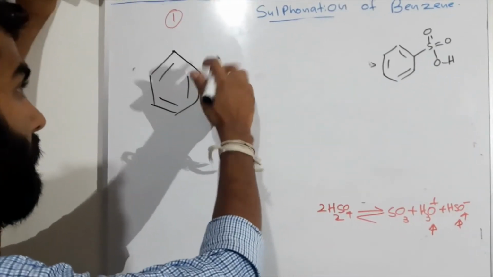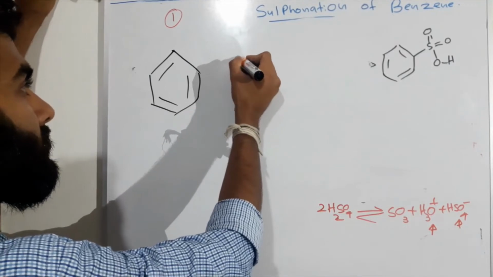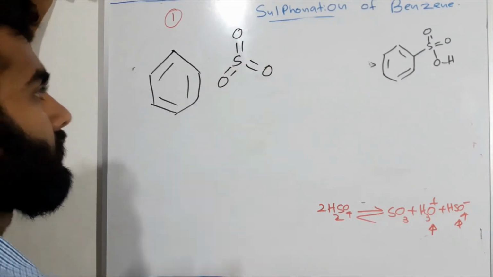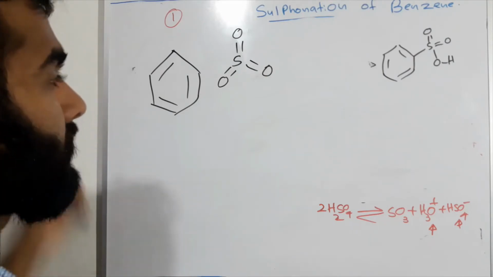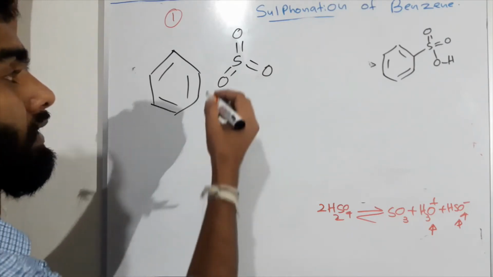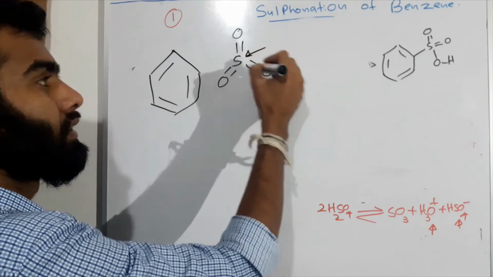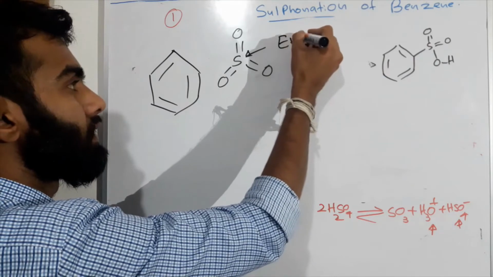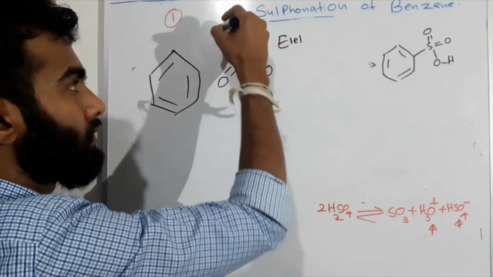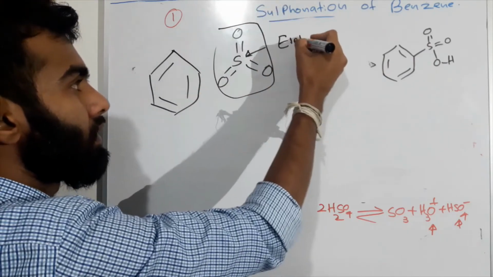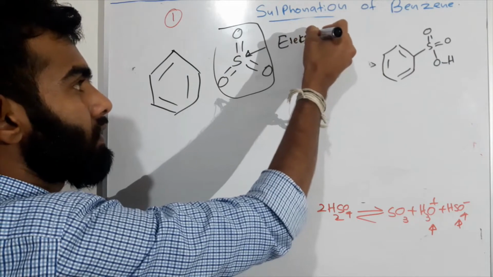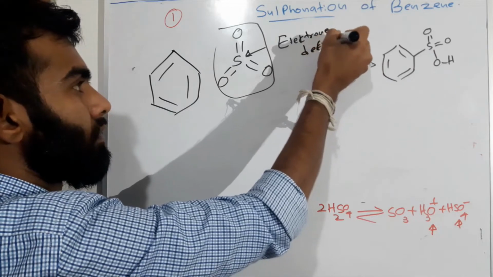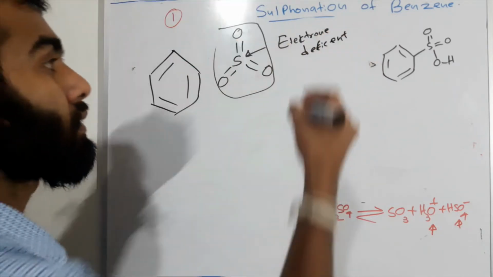We have our SO3. What will happen? This sulfur is a very electron deficient group. Totally this molecule is an electron deficient compound. It needs more electrons.